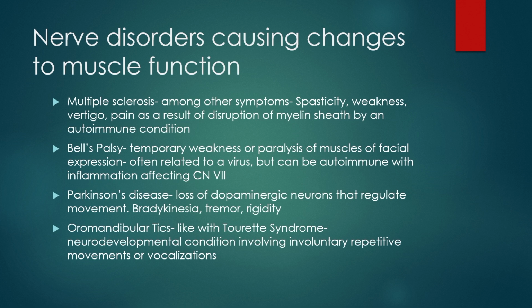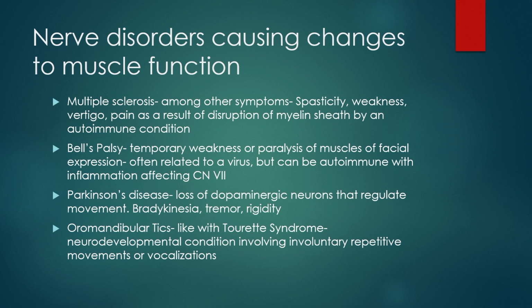Bell's palsy, it appears to be a muscle disorder, but it's actually because of inflammation, and it's affecting the muscles of facial expression. It can have different etiologies. Parkinson's disease can cause bradykinesia or slow movement, tremor, rigidity. It's not actually the muscle that's the problem, it's neurologic that's the problem.